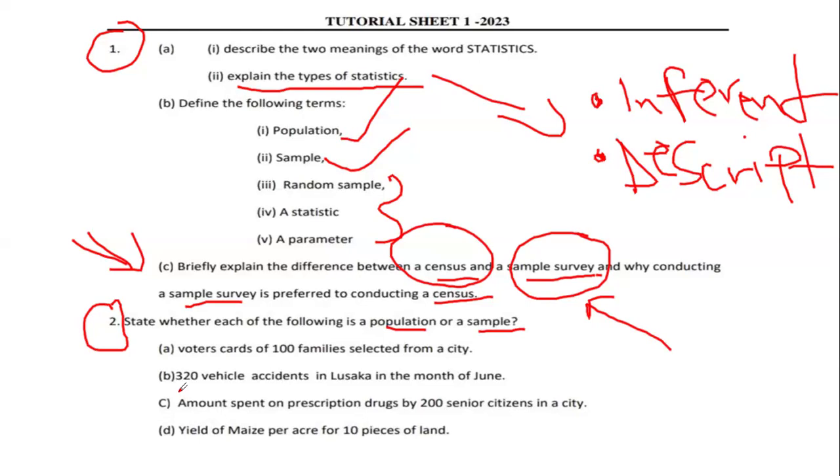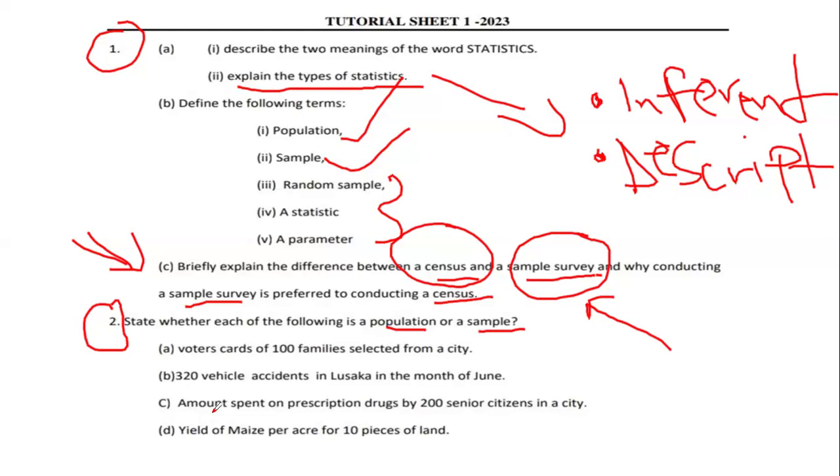And then, they're saying amount spent on prescription drugs by 200 senior citizens in a city. Is that a population or is that a sample? It's a sample, I should say.